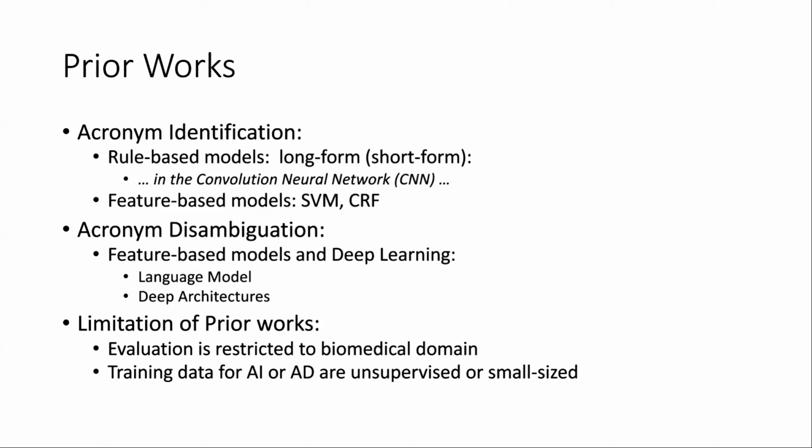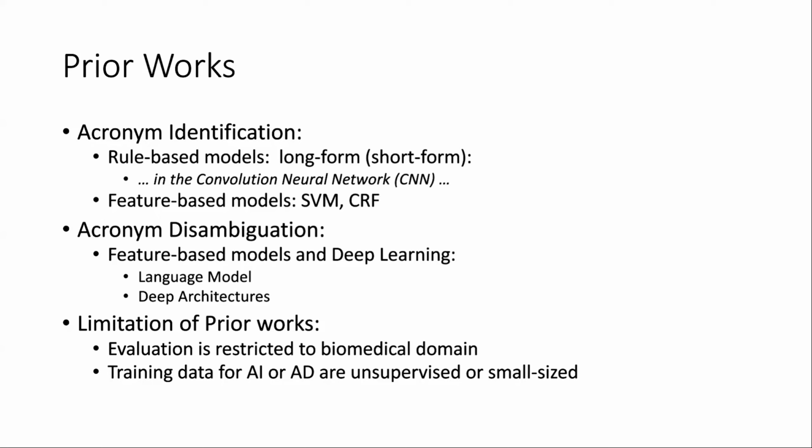And then based on the similarity of the embedding of each meaning and the context, we can choose the correct meaning. And the deep architectures formulate these tasks as a classification, and they may use, for instance, LSTM, convolutional neural network, or even graph convolution network to encode the sentence and the context, and then they perform the final classification.